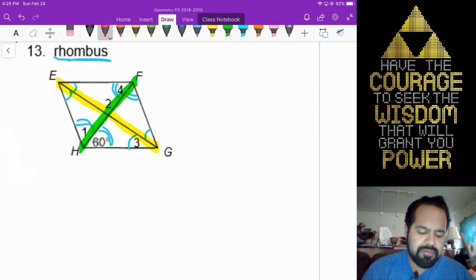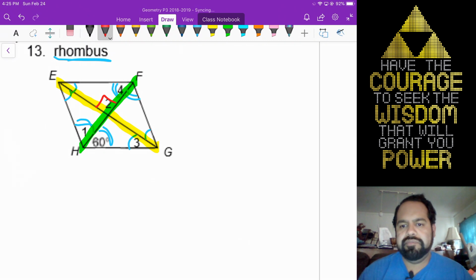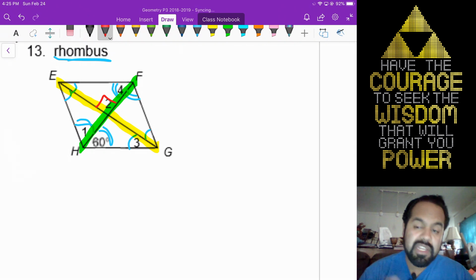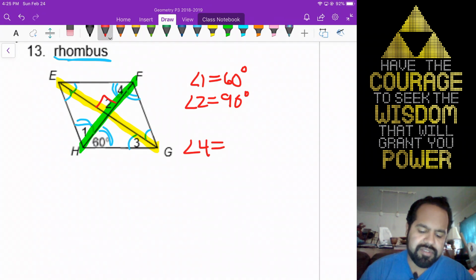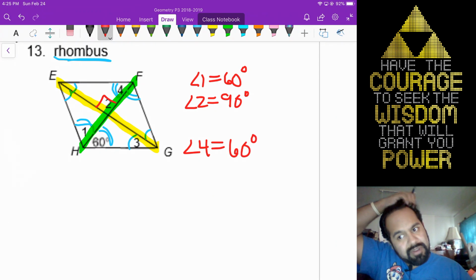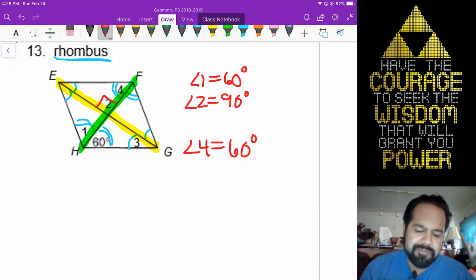So that means angle 2, without doing any work, is 90 degrees. Also, without doing any work, angle 1 is 60 degrees. Angle 2 is 90 degrees. I don't need work for angle 4 because that's also in the same spot as angle 1, so that's 60 degrees.